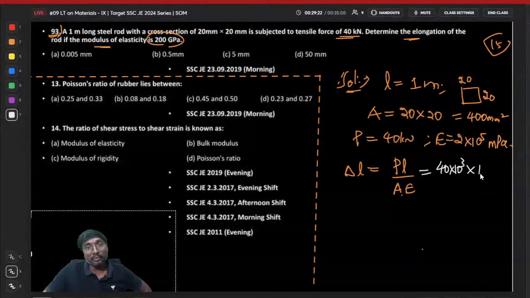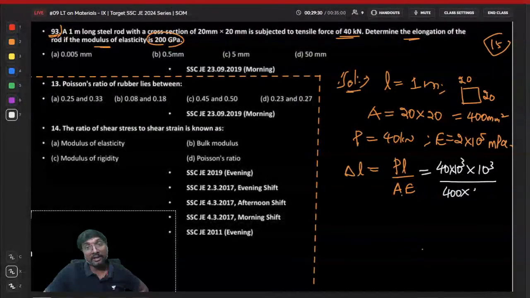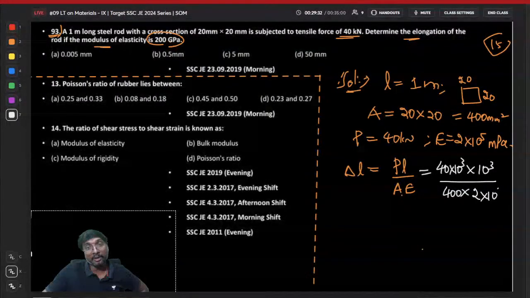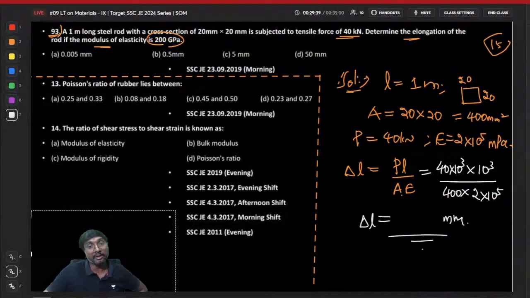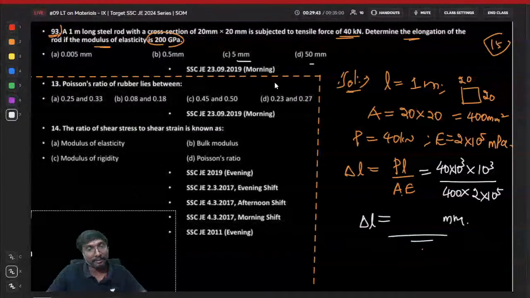Into L, what is L? 1 meter, na? 1000 millimeter. Divided by the area, 400 millimeter square. Into E, 2 into 10 power 5 Newton per millimeter square, na? Then you will get delta L in millimeters, right? Why have we converted everything into Newton and millimeter? Because your options are in millimeters, so you have to convert everything into millimeter.